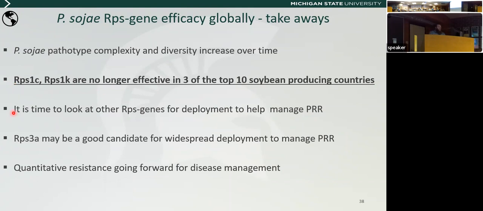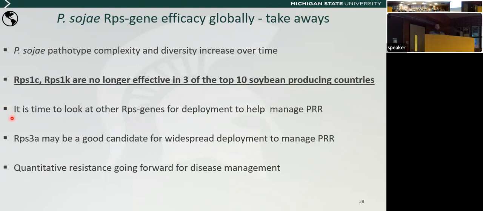And we believe that it's time to look at our other RPS genes for deployment to help manage Phytophthora root rot. So Jingshan Ma here at Purdue, his group recently identified RPS11, which looks like a very good resistance gene to deploy. They tested a great diversity of pathotypes against the resistance gene, and it was able to protect against 80+% of those isolates. And that's pretty good.